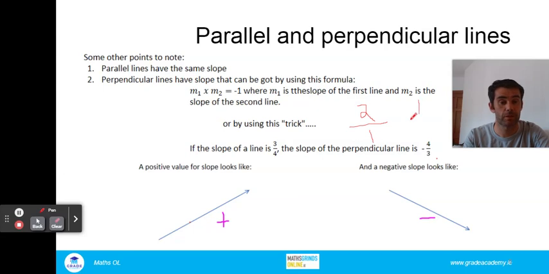So then flip it upside down, 1/2, and change the sign, so it becomes minus. So if the slope of a line is 2, the perpendicular line has -1/2. Other point here, a positive value for slope looks like that, and a negative one like that.